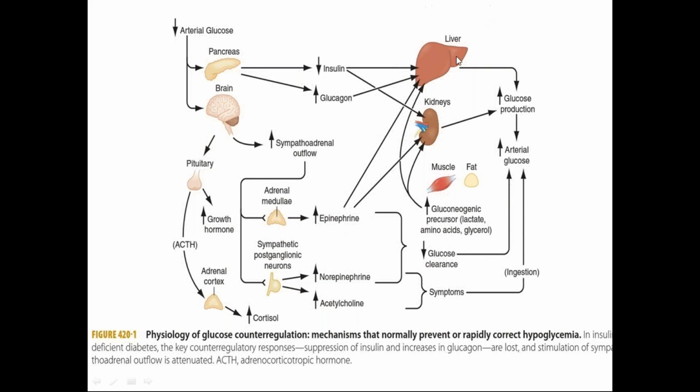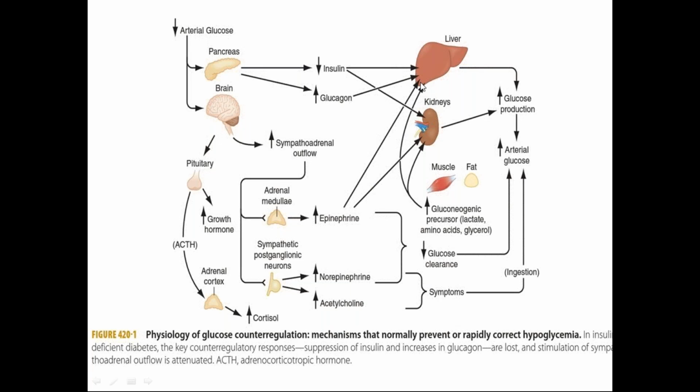As epinephrine also causes gluconeogenesis and glycogenolysis, it stimulates the liver and kidney and causes increased glucose production. There will also be sympathetic postganglionic neuron stimulation because of the sympathetic outflow. As we have discussed in the symptoms, there will be adrenergic outflow and cholinergic outflow. Both cause symptoms, which lead to ingestion.